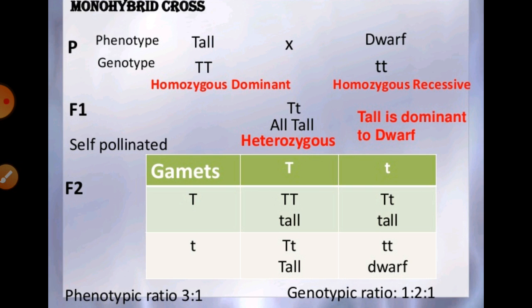In a monohybrid cross we take homozygous dominant and homozygous recessive characters, and after the formation of gametes, when they cross, they always develop heterozygous characters. But after self pollination we will get all those characters which can be crossed in that particular condition. So this is the mechanism.